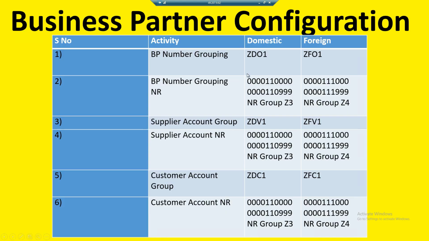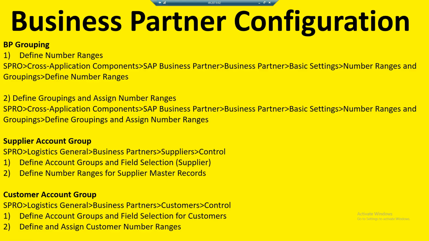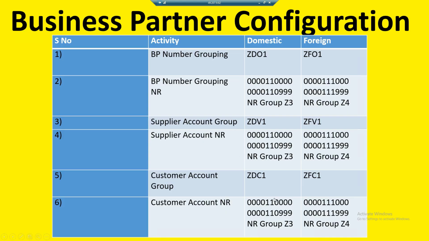Supplier account groups we have defined. That is, supplier account group means vendor account groups. DV1, FE1. Okay, we maintain same number ranges for domestic and foreign, similar to BP grouping. Then we define customer account group. We maintain the same number range for domestic customer and foreign customer.